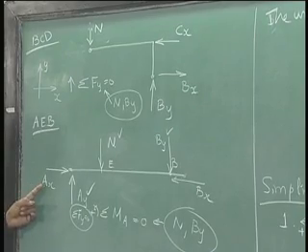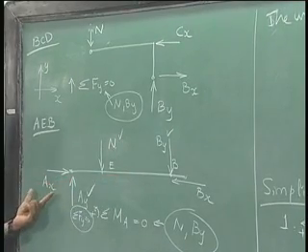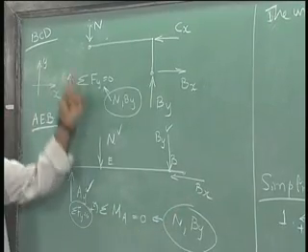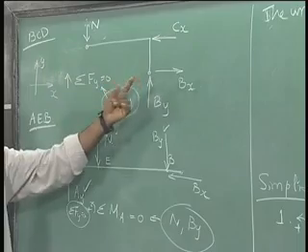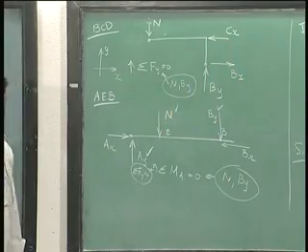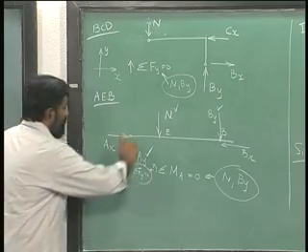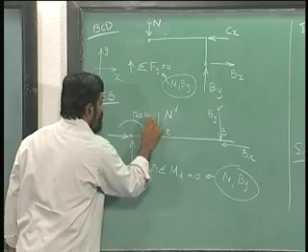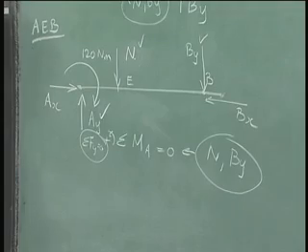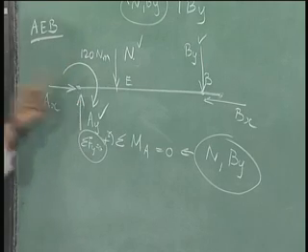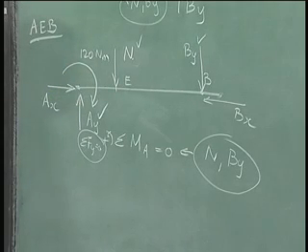I am now left with the horizontal equilibrium there, that will relate Ax and Bx. If I take the horizontal equilibrium there, it will relate Bx and Cx. Okay. I am sorry, I should have inserted 120 Newton meter here. Okay. So in taking moment about A, I should involve this 120 Newton meter.